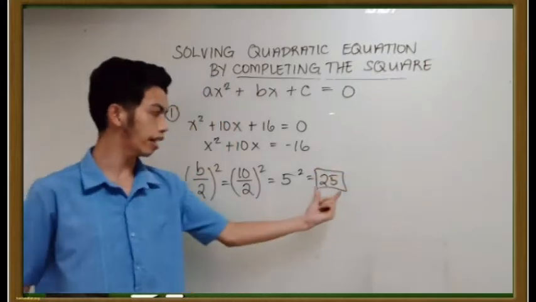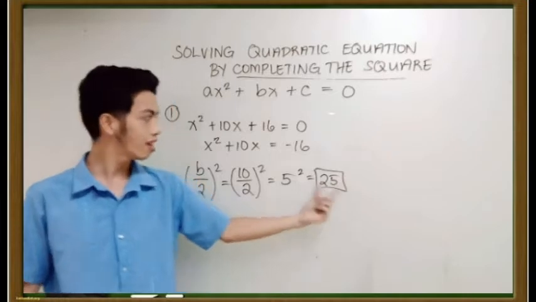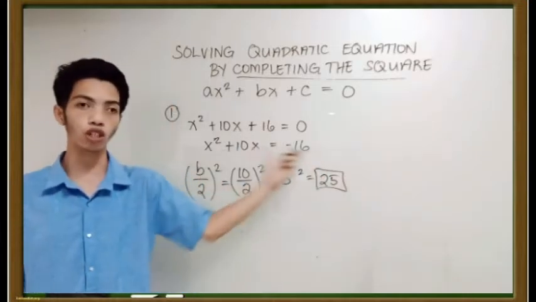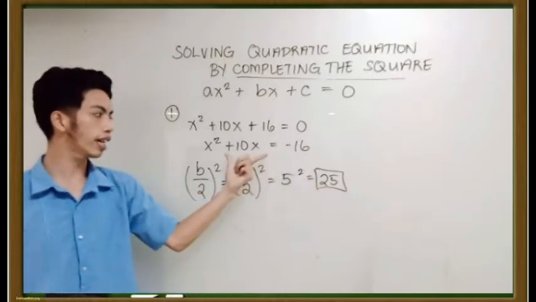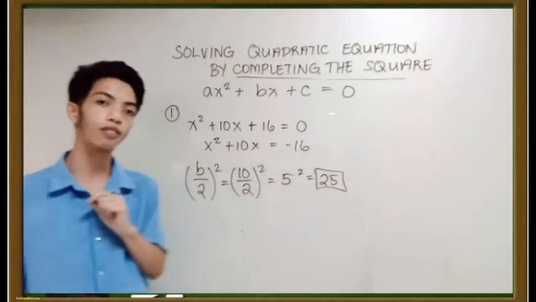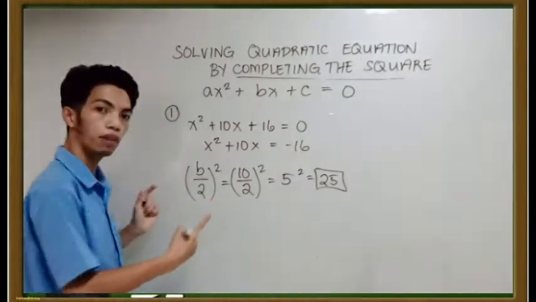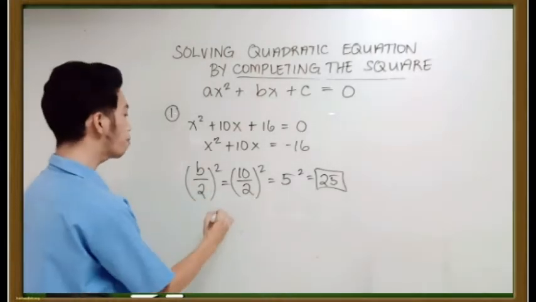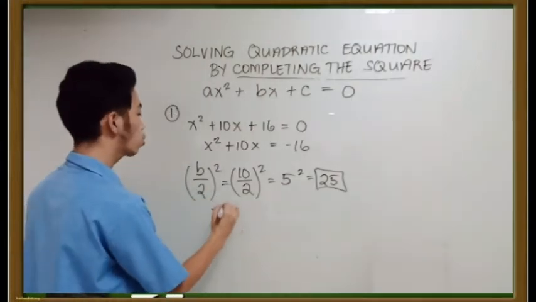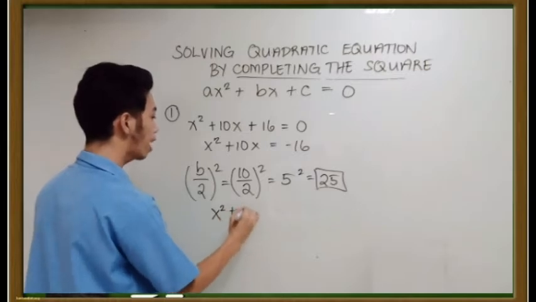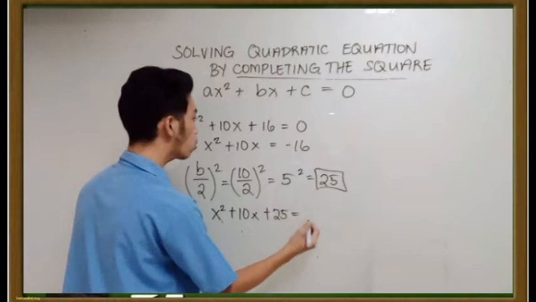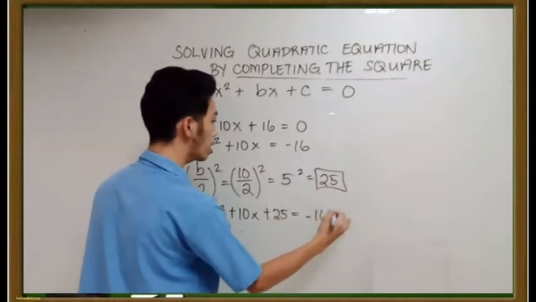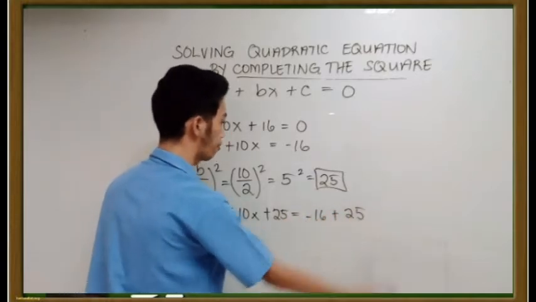So, ibig sabihin, ito ang i-add natin sa both sides of the equation. Okay? Kung ano makuha natin dito, iyon ang i-add natin sa both sides of the equation. So, ibig sabihin, magkakaroon ako ng x squared plus 10x plus 25 is equal to negative 16 plus 25.